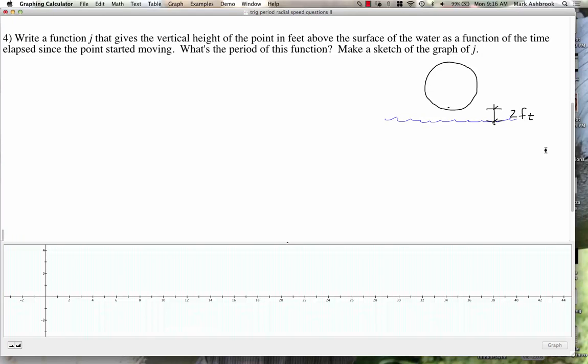So when we're tracking the height of this point, let's talk about the maximum height and the minimum height. Let's do minimum first.